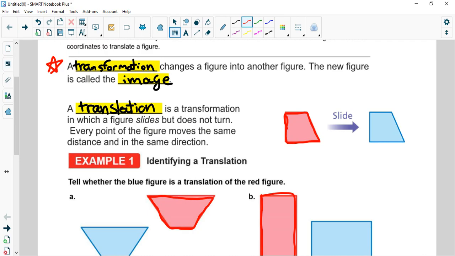A translation is a transformation in which a figure slides but does not turn. Every point of the figure moves the same distance and the same direction.